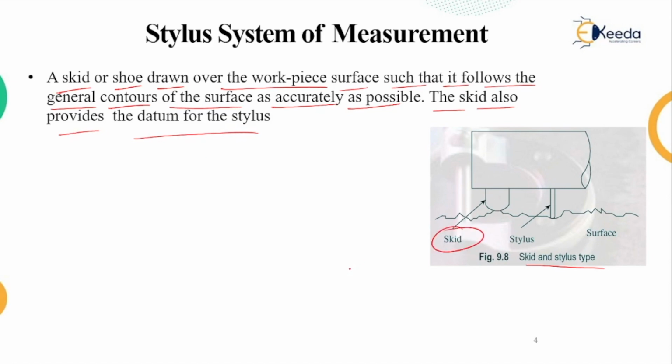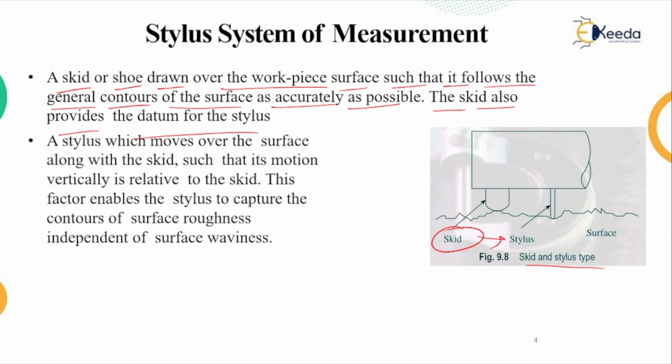The stylus moves on the surface along with this skid such that the motion of the stylus, which is vertical in nature, is relative to the skid.